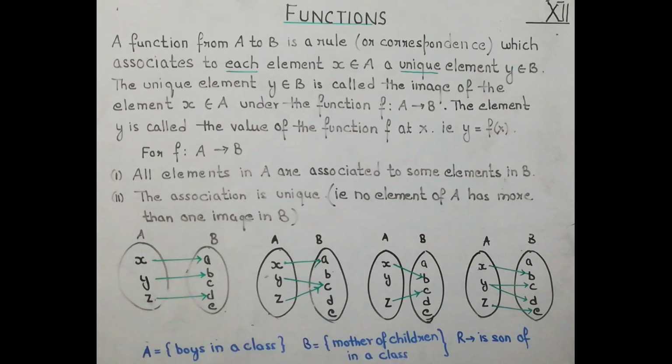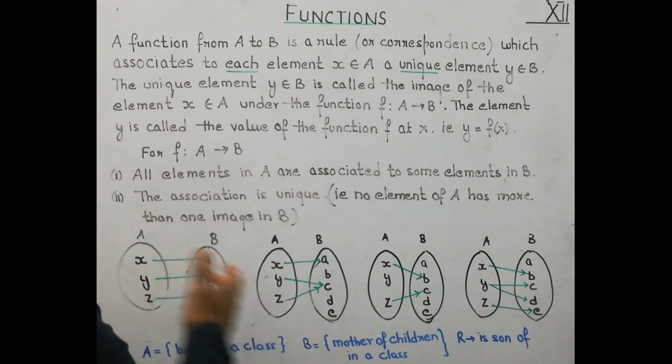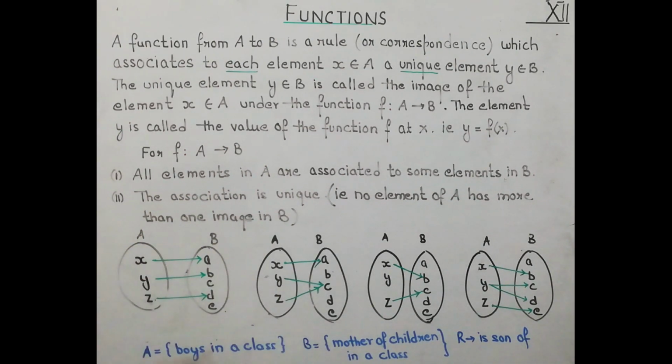Now see, a student was asked to write the relation between the boys and the mothers present there. So four boys were asked to write a certain relation, and now let's see which relation is a proper one, representing the relation is son of.